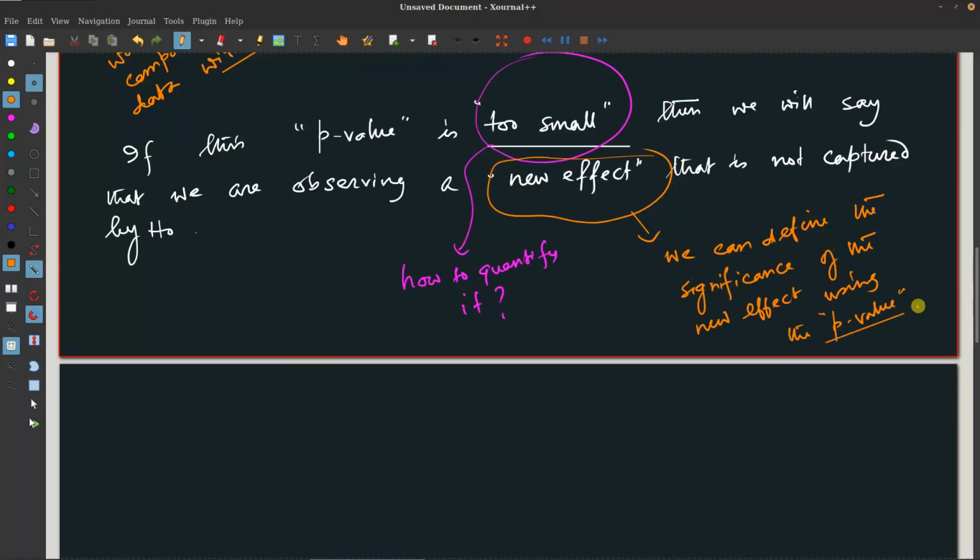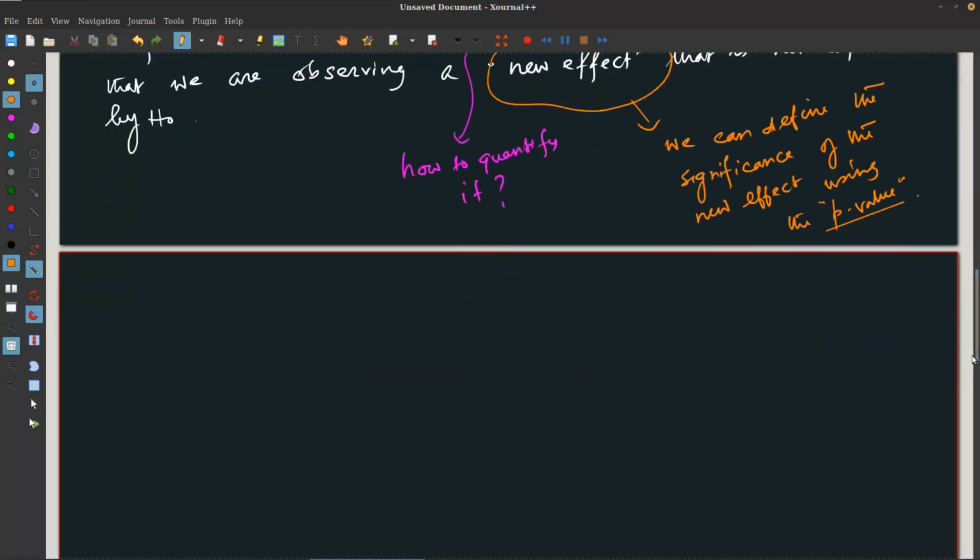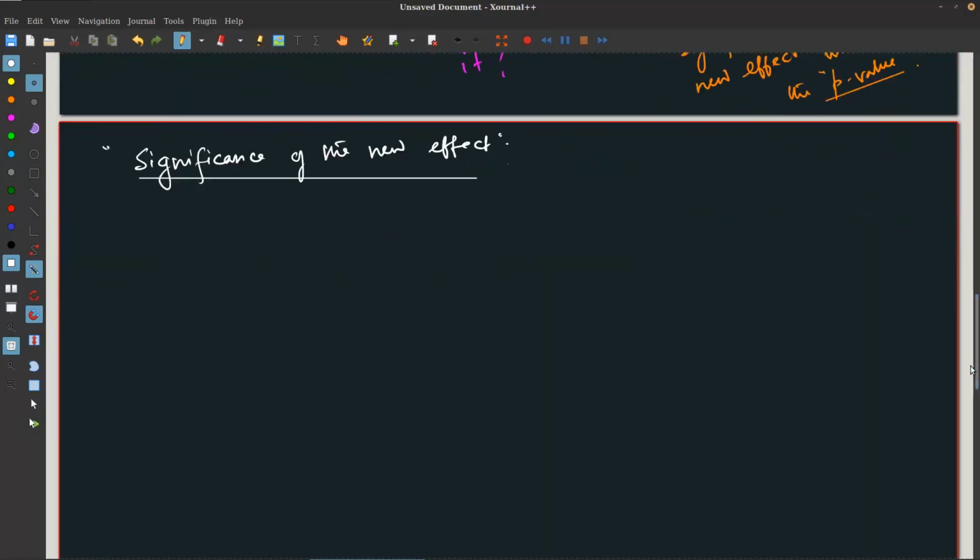Now, how do I define the significance of the new effect? The rule is, first you draw a standard Gaussian or a unit Gaussian.